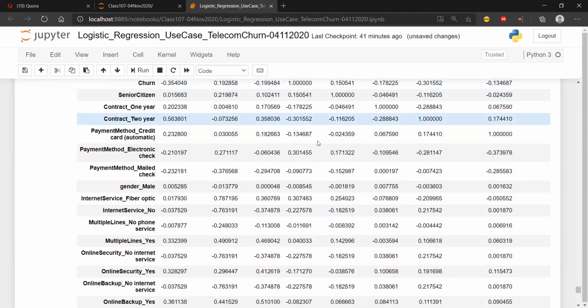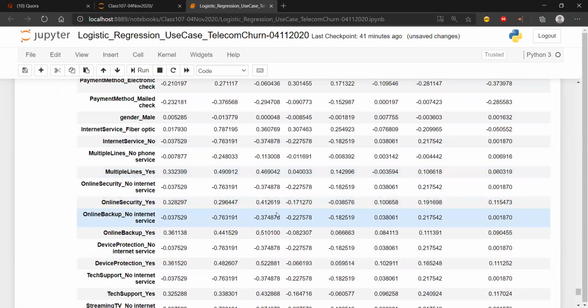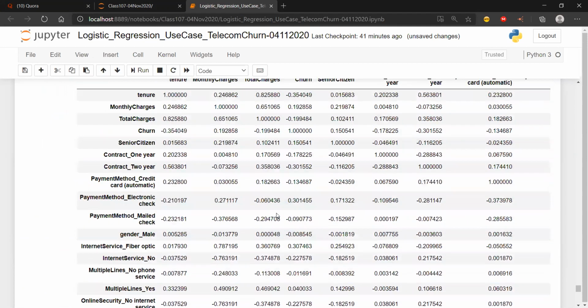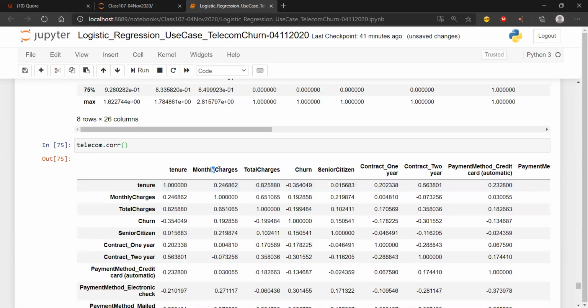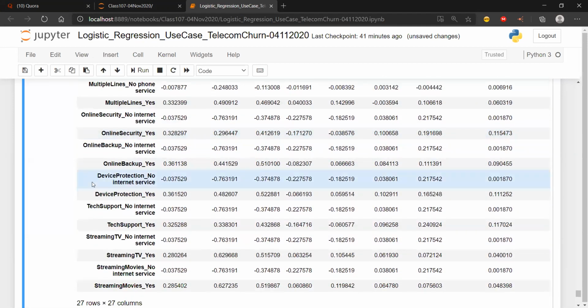So you understand how this table is calculated using the Pearson correlation coefficient and how we are getting the correlations, right? Now you can clearly see there is one example. I will take monthly charges, and I will come down to device protection, no internet service.